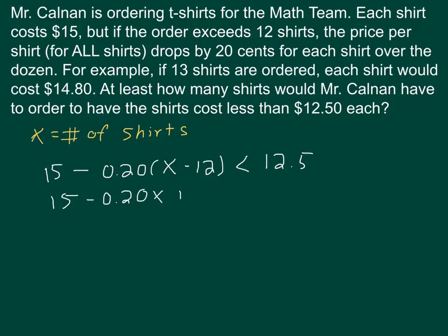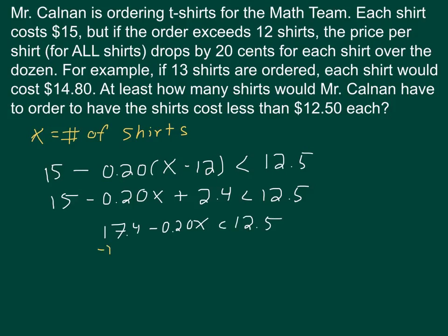0.20x plus, negative times a negative gives me the plus, and 0.2 times 12 is 2.4, which is less than 12.5. Combine the 15 and the 2.4 gives me 17.4 minus 0.20x is less than 12.5.